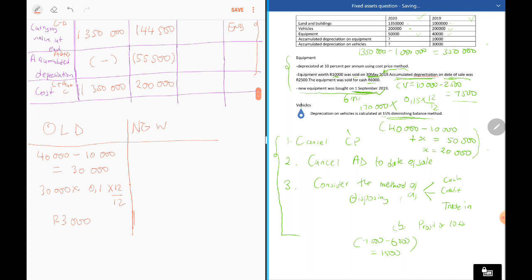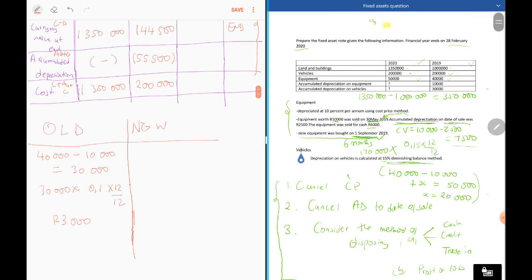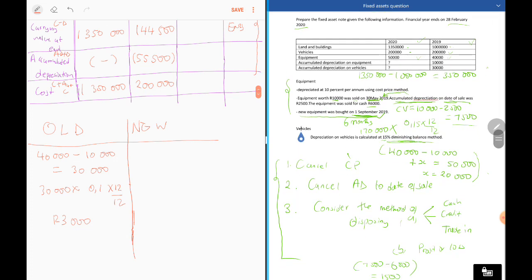So you must calculate that depreciation for 6 months in the current financial year, in the financial year ending 28 February 2020. So what's the cost price? It's 20,000. Simply say 20,000 multiplied by 0.1 times 6/12, which will give you 1,000 rands.